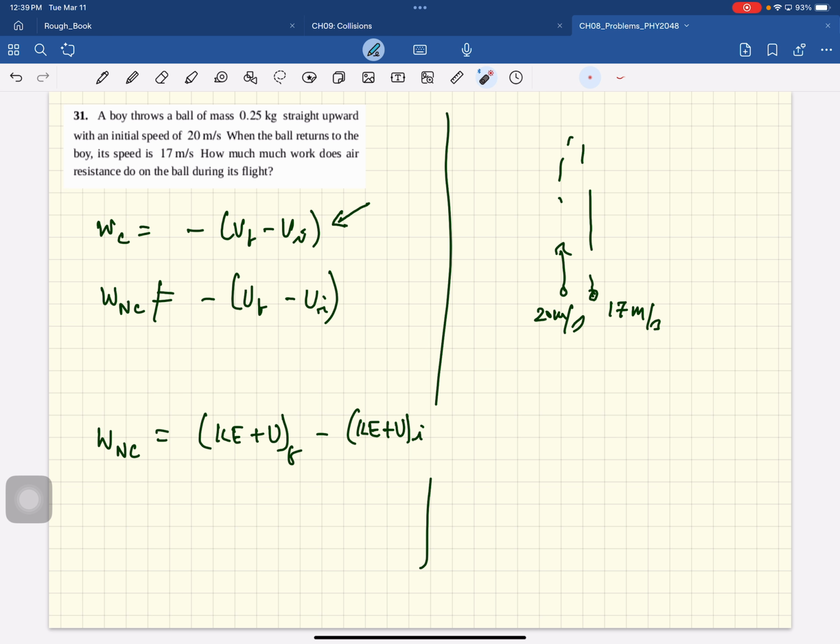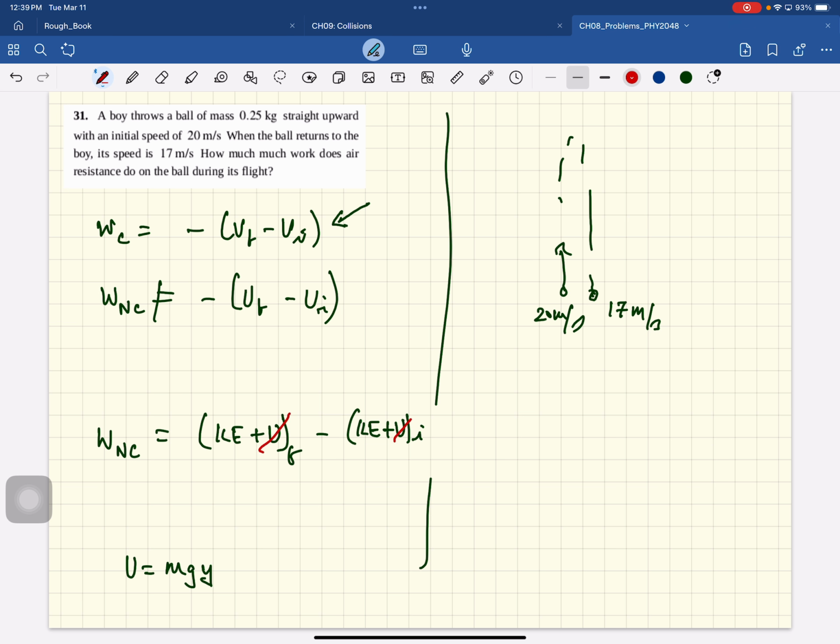Gravity is a conservative force. The work done by gravity is taken care of by the potential energy term. What is the gravitational potential energy? mgy. Since the initial and final y positions are the same, this cancels.